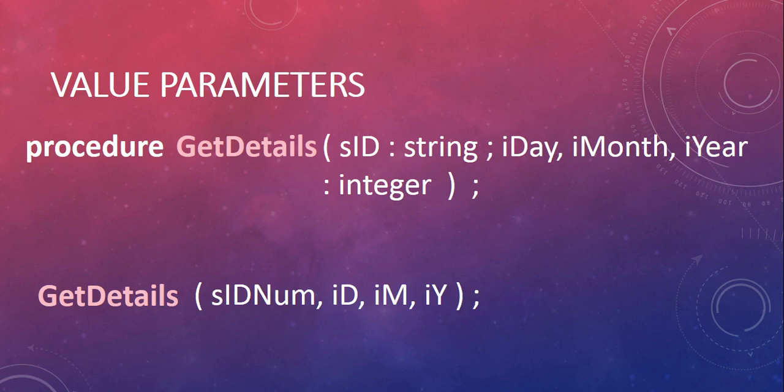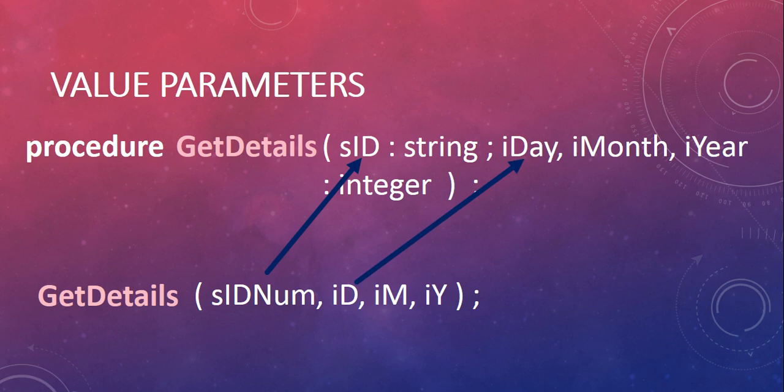We're going to call it with 4 parameters. We're going to send through the ID number, and then a variable to store the day, a variable to store the month, and a variable to store the year. So we can extract the ID and then put the values into the 3 variables at the end. When we send through that sID, the value that is in sID will be sent to whatever is in the getDetails procedure for sID.